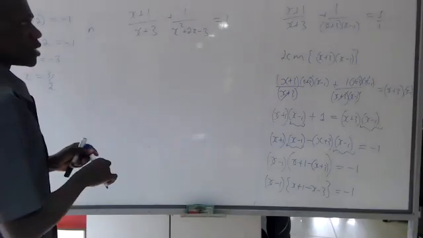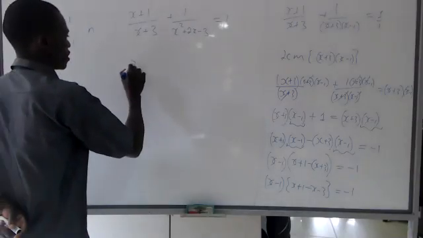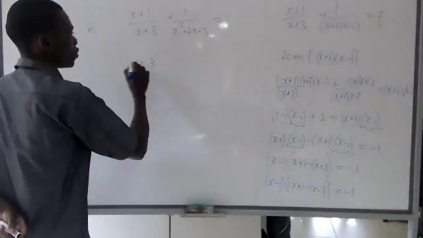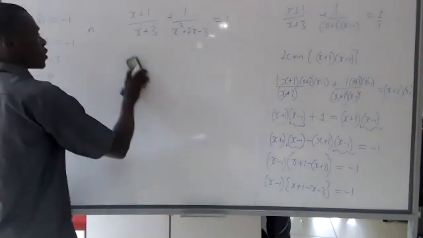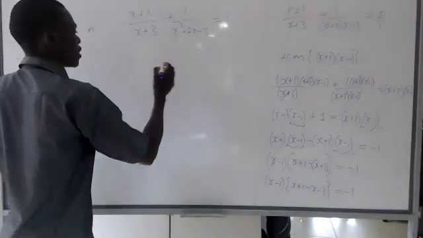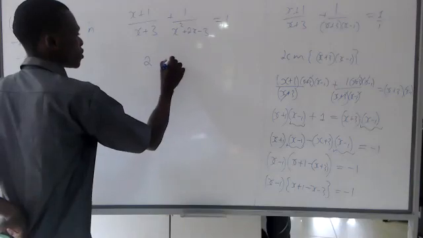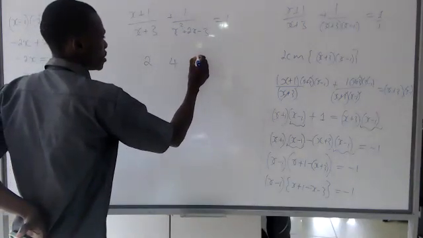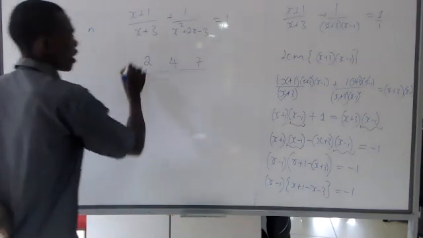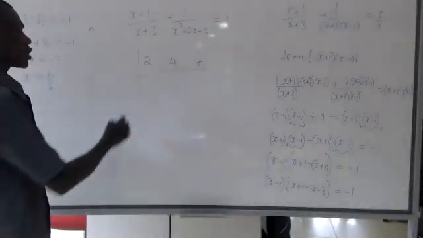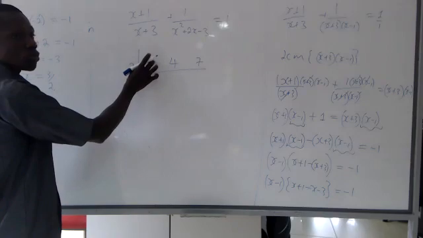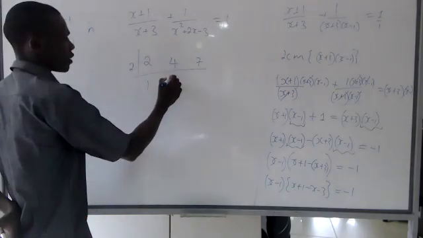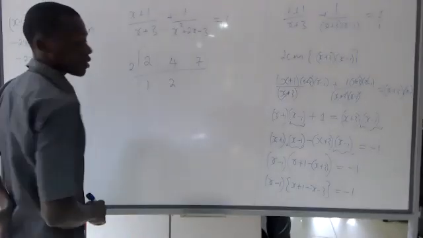We have done this in a previous class, I think. Just like the way you do with numbers. So for example, if you have, let's say 3 numbers, let's say 2, 4, and maybe 7. How do you find the LCM? You start with the smallest prime number, which is 2. 2 divides 2 once, divides 4 twice, it does not divide 7.